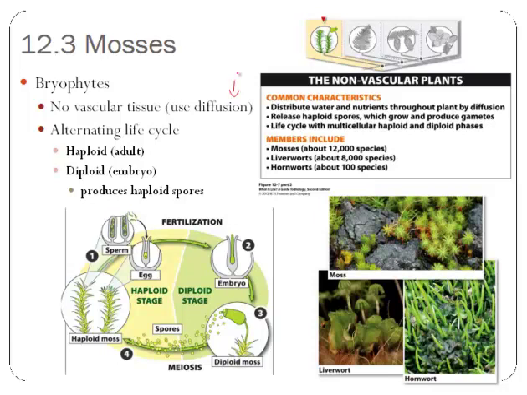Mosses have an alternating life cycle. They have a haploid adult and a diploid embryo stage, and they produce haploid spores. If we start over here at a recognizable moss, that's going to be haploid. This is different from what we normally think, because in humans, the haploid would just be the gametes, the reproductive cells, sperm and egg, and the diploid would be the adults.